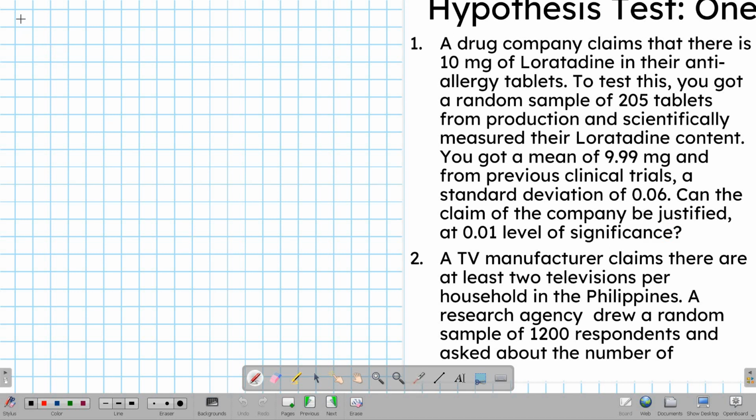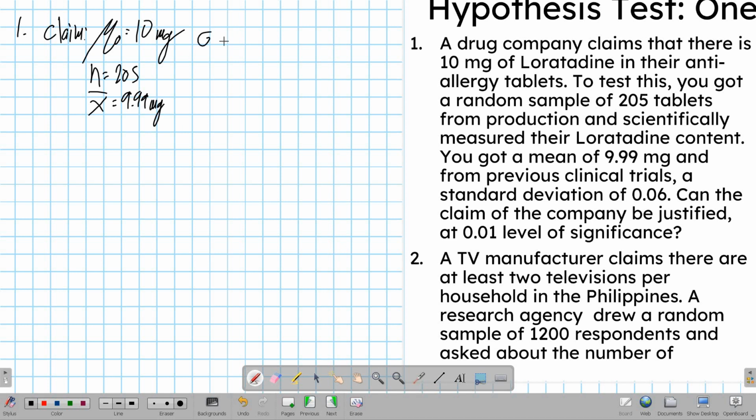So let's write down the given. The claim is that there is 10 milligrams of loratadine. Since this is the claim, they are saying that the hypothesized mean is equal to 10 milligrams. Then we get a random sample of 205. The sample mean from the 205 is 9.99 milligrams.